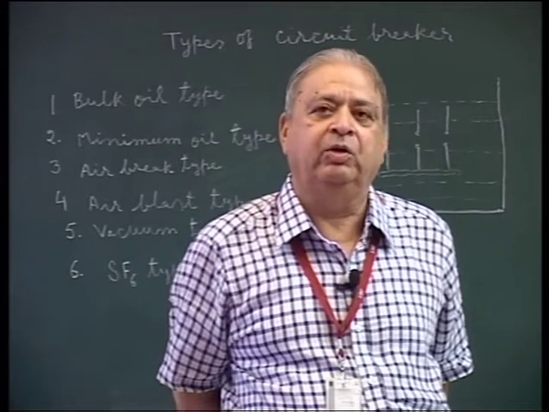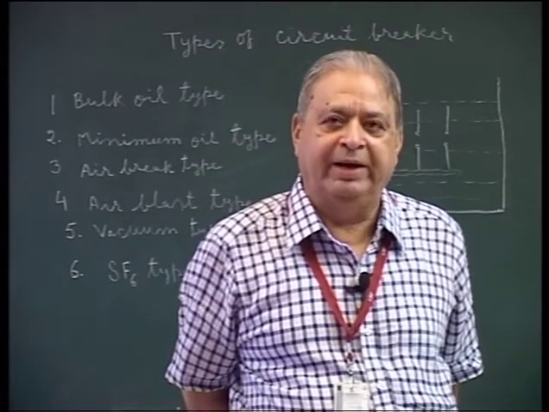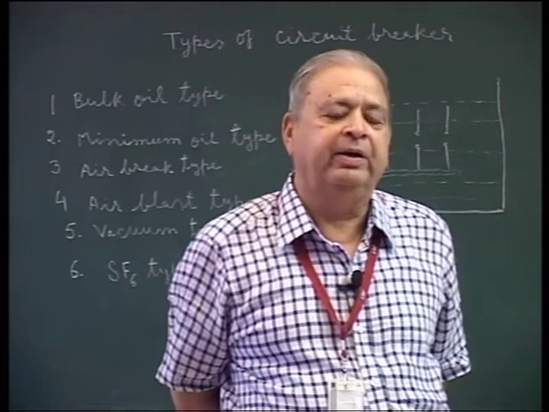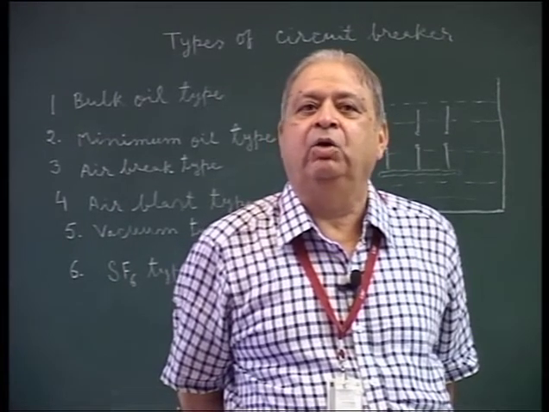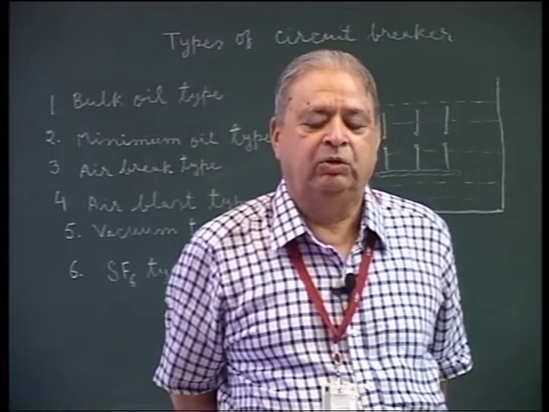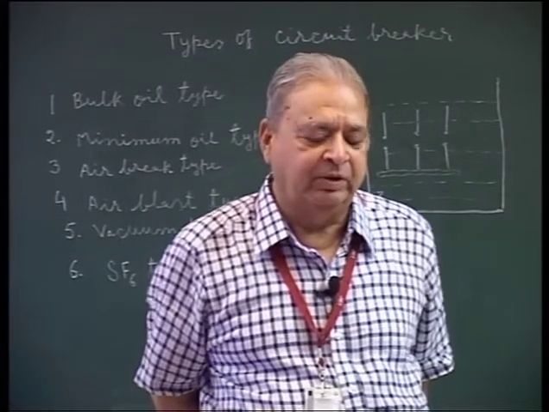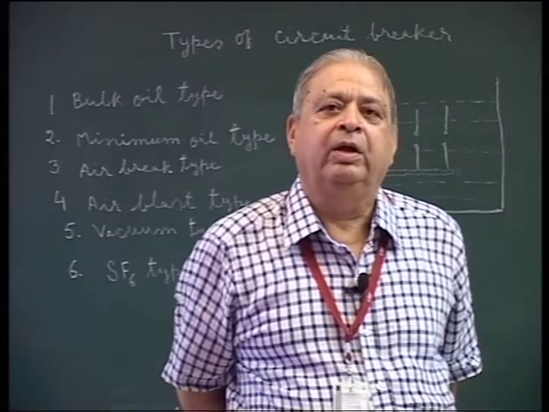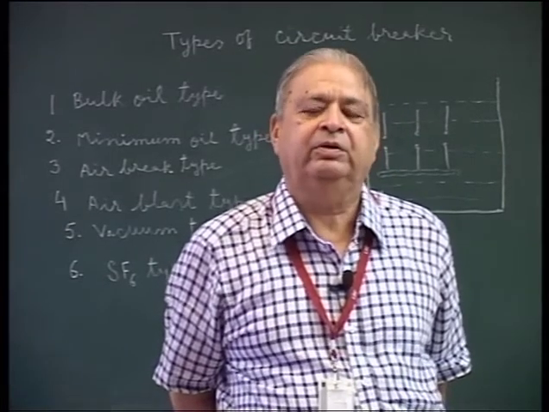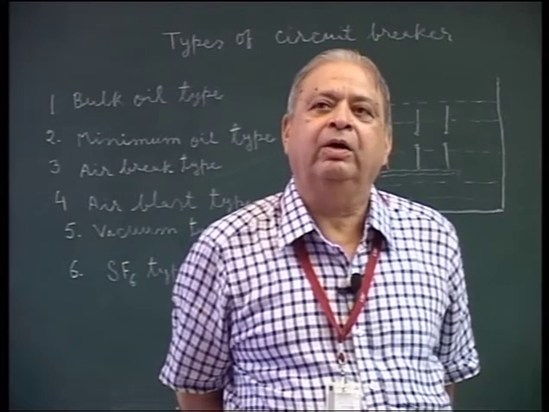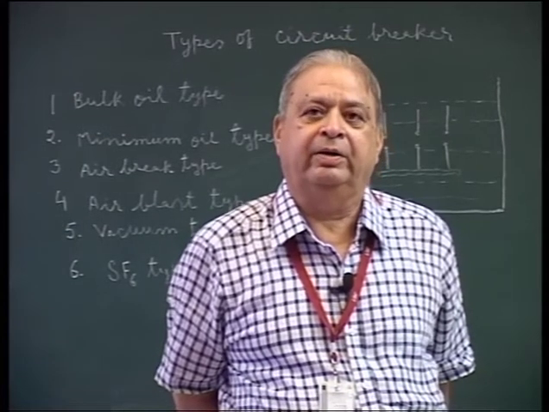So that is the cooling. Cooling is very mild and it can be used only for lower voltages and lower currents. So oil is doing both the functions of insulating the different phases and earth and also cooling the arc.